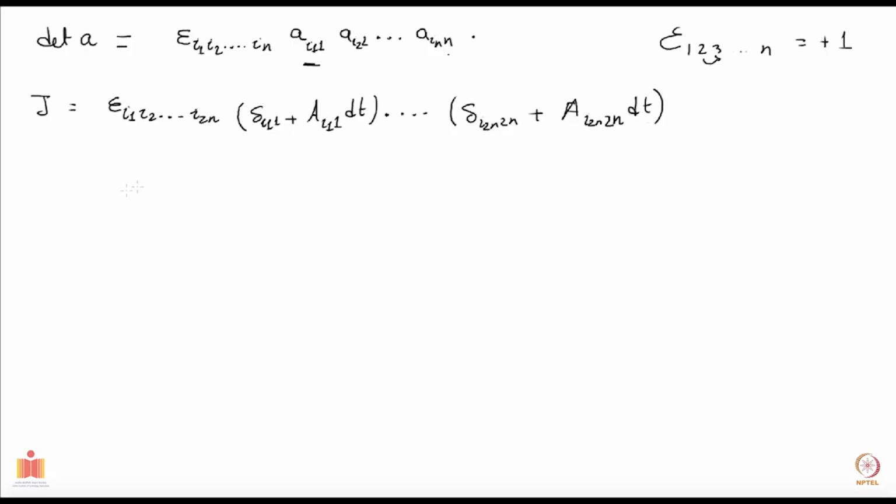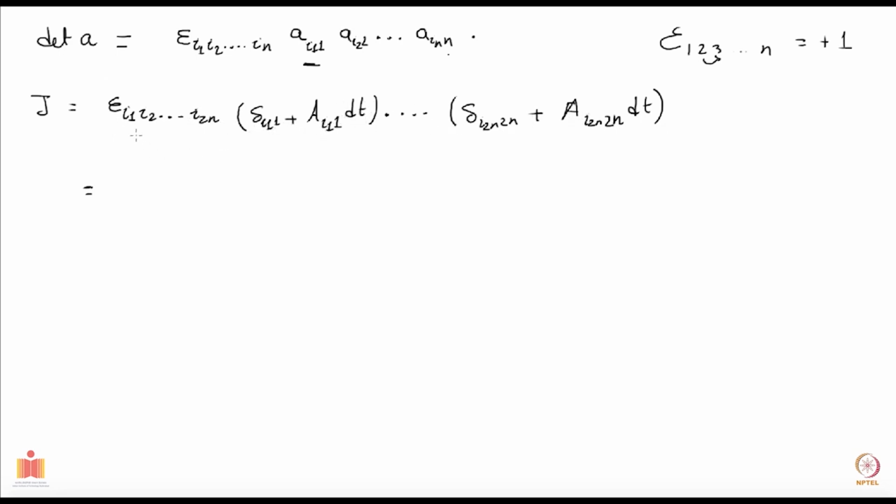Okay, now let's collect terms: the terms which are not proportional to dt, and then the terms which are proportional to dt, and then we will drop the terms which are higher powers in dt. The terms which do not involve dt are going to come from multiplying this epsilon with the deltas, without involving any of the A's.